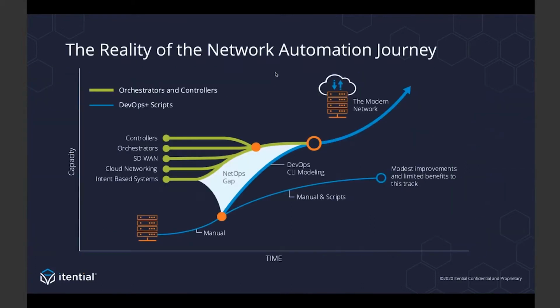So when we talk about automation, it's very prevalent that customers want to talk about this under the banner of a journey. The idea is that you don't wake up one day and the network is automated, but there's really this migration, not in technology necessarily, but this migration in mindset and how we make the network more programmable.